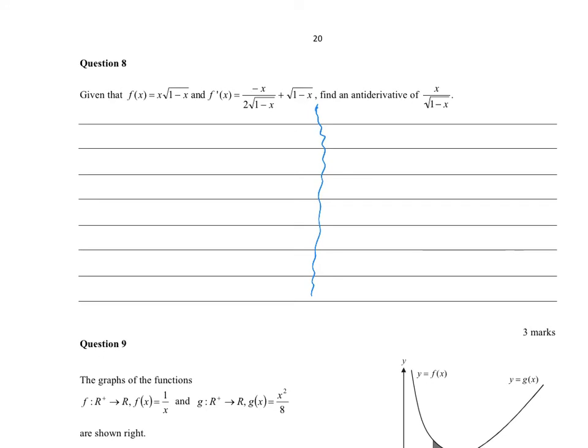So I'm thinking, let's take the antiderivative of f dashed of x dx is equal to the antiderivative of, I'm going to take the negative 1 on 2 out the front of that term to give me x over the square root of 1 minus x dx, plus the antiderivative of the square root of 1 minus x dx. Is that fair enough?